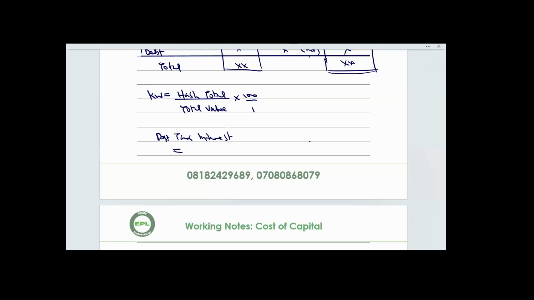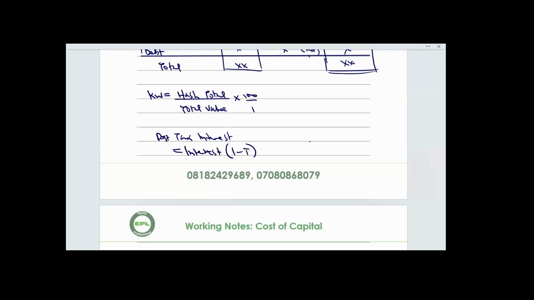We said that debt has a tax deductibility benefit, a tax relief associated with financing with debt. So the company will pay a cheaper cost relative to when there is no tax. So you would have adjusted for tax when calculating the cost of debt, 1 minus tax. This is the formula for calculating after-tax interest.